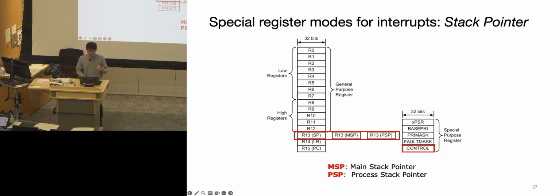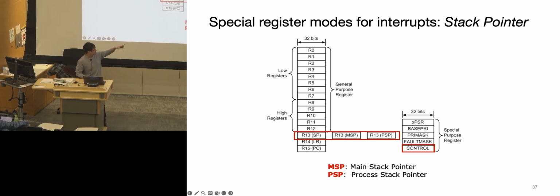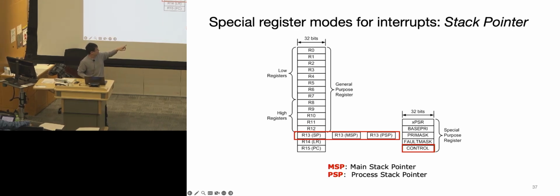The process stack pointer is usually used for unprivileged or application level tasks, usually in real-time operating systems. Both of them are stored in the same register, R13, and a control signal in the special purpose register decides which type of stack pointer is used.